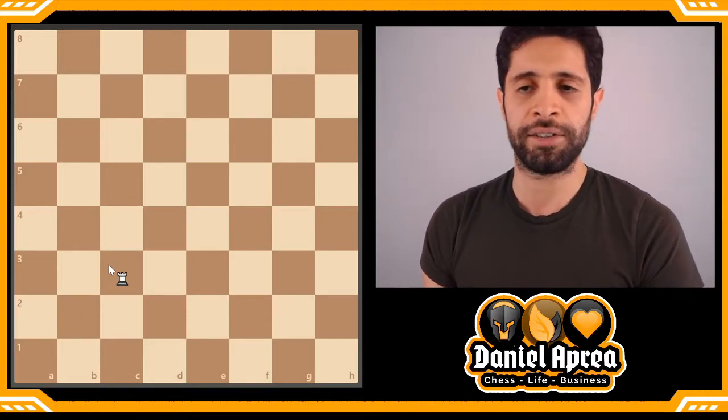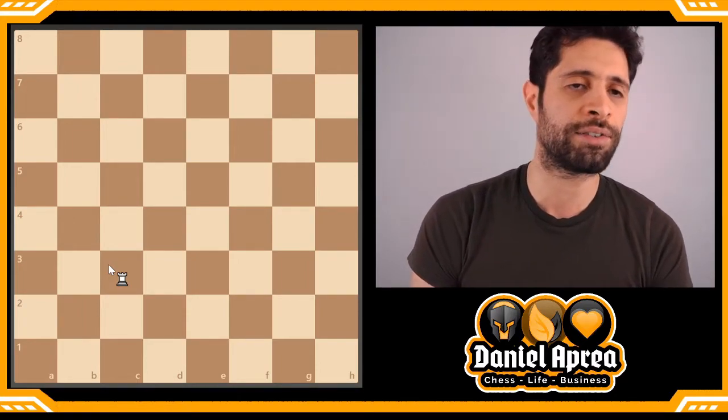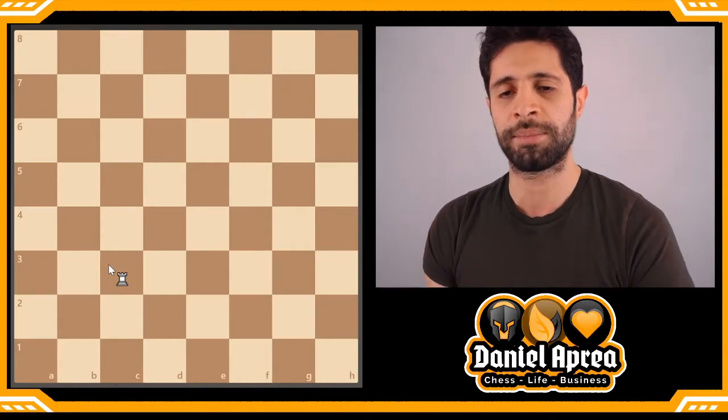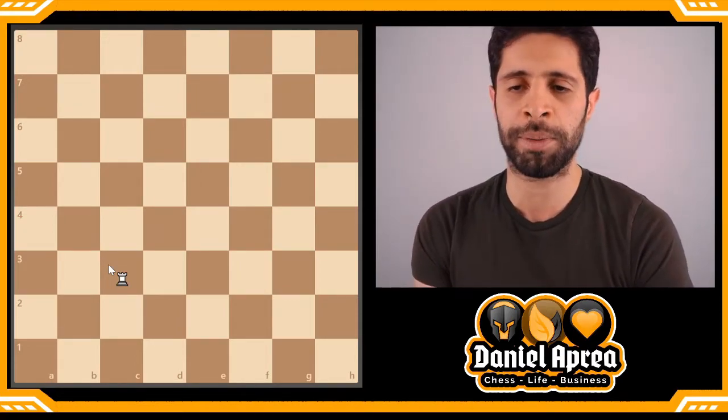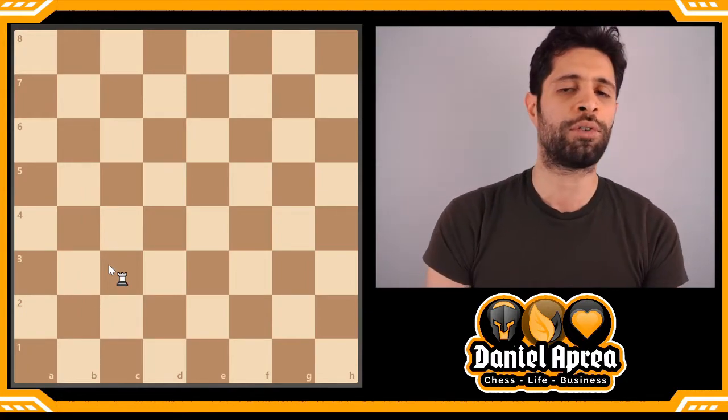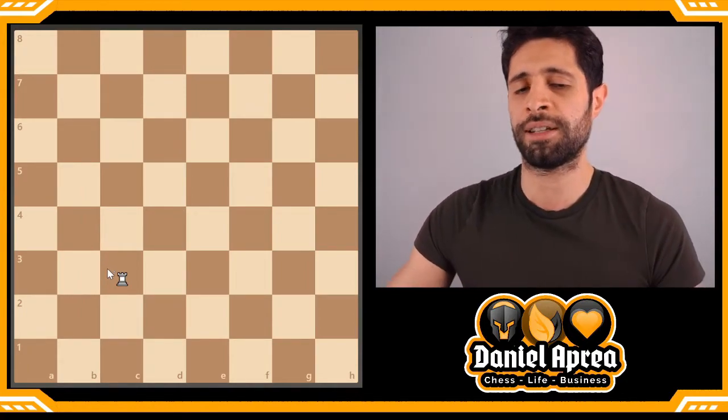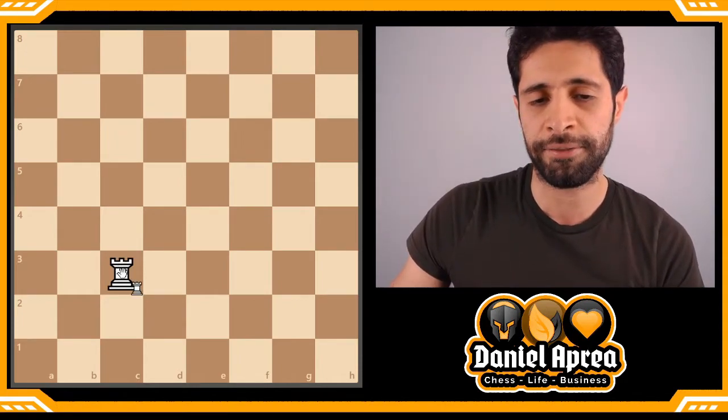Historically the value has been considered 5 points. Right now most people realize that it's a little bit of an overestimation, so usually people think in terms of 4.5 rather than 5. But that's the range, so just think between 5 and 4.5. That's how much a rook is worth.